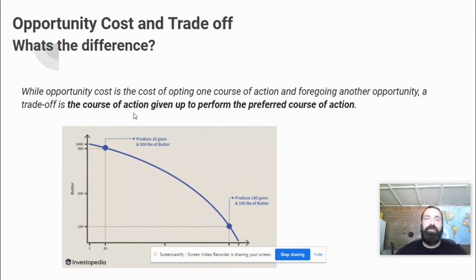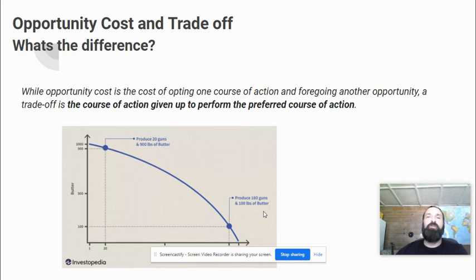So trade-off then is actually the course of action given up to perform the preferred course of action. So it's what you give up when you do that. So the trade-off is the industry here in this case, or to put it more simply, in more personal terms, if you decide that you're going to buy new AirPods, for instance, what are they, $120 at Costco, a little more elsewhere.